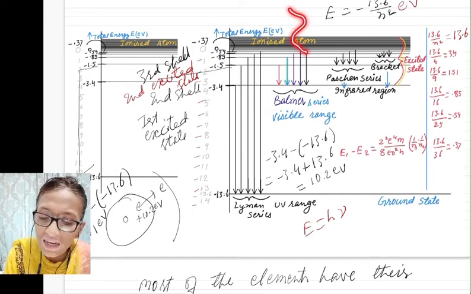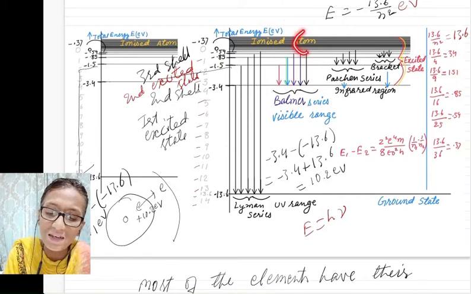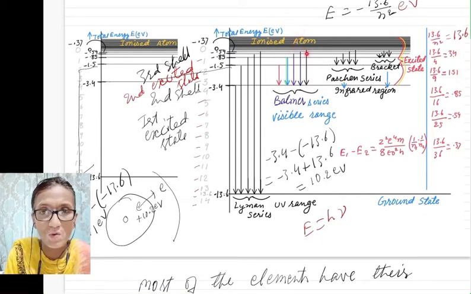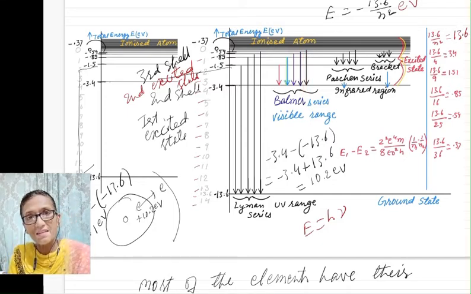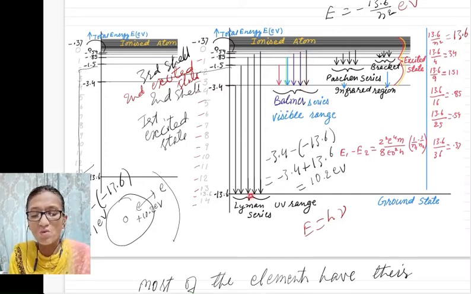Now when it leaves energy in the form of EM radiation, some EM radiation will come out and the electron will fall back into a less excited state or onto the ground state.